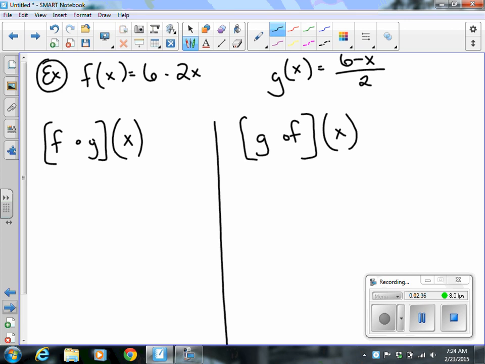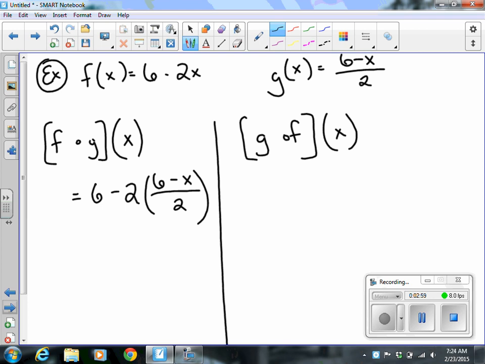Okay, so for this first one, remember we're going to plug the g, because it's the second one, into the x spot of our f function. Just like so.